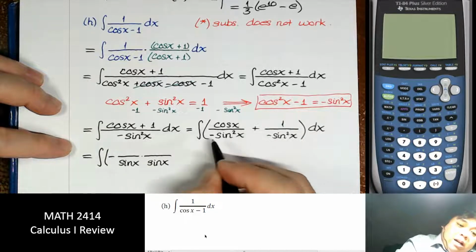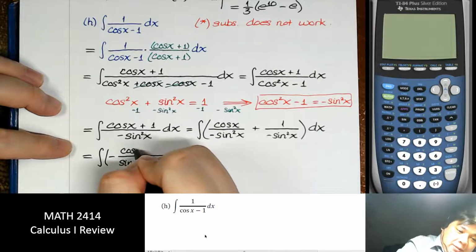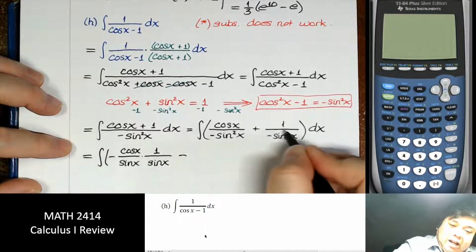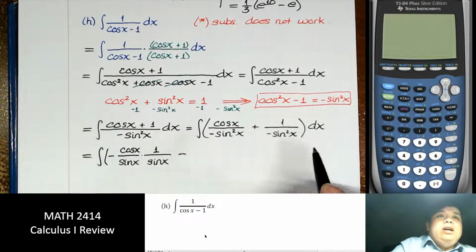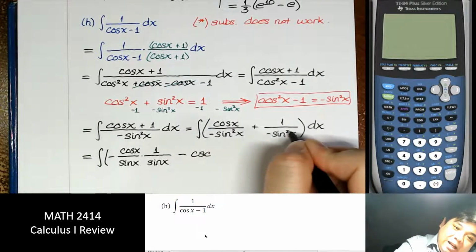On the top, I just have a cosine. And there's nothing left, so I have to write 1. Again, that's going to be negative. And 1 over sine squared, that is cosecant, right? And squared.